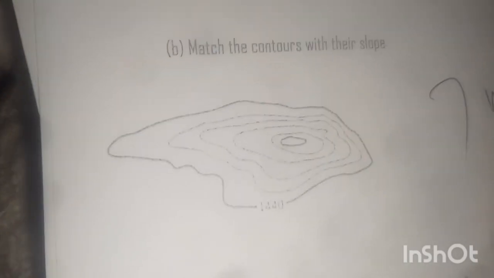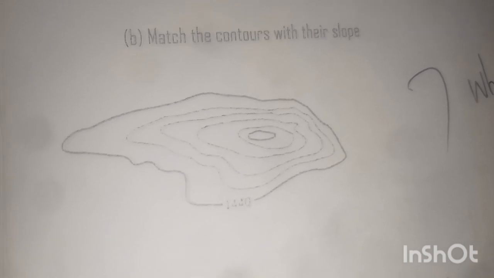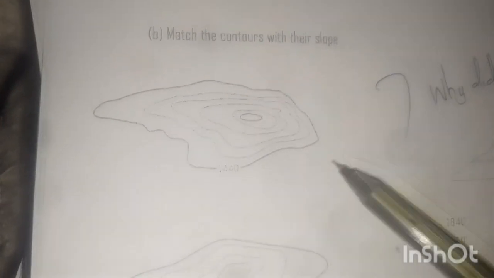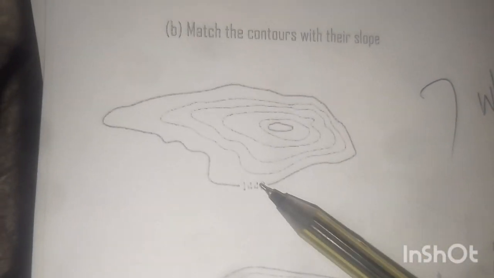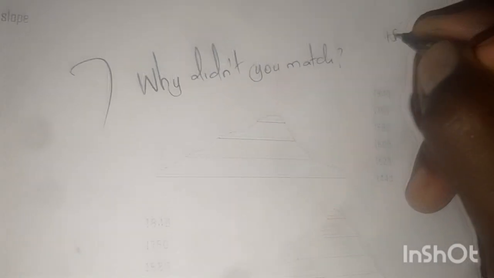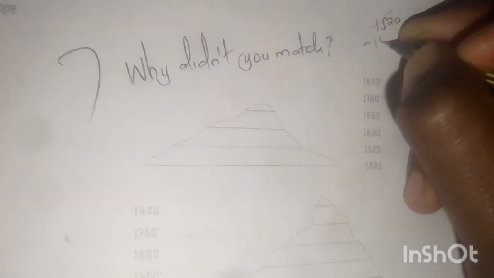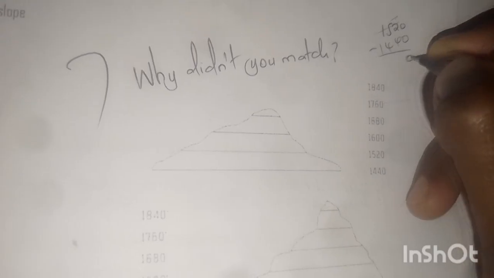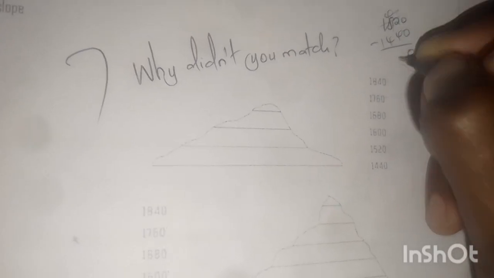The contours with their slope. So we have here 1440 and 1520, 1600, 1680, 1760, 1840. Let's see the contour interval. So the contour interval is 80 meters.